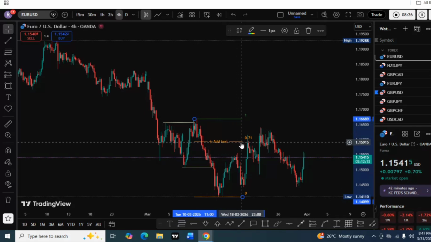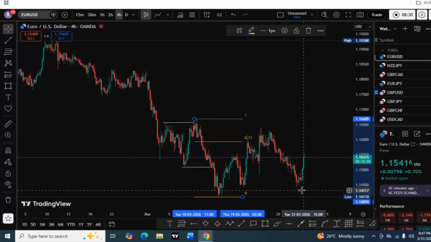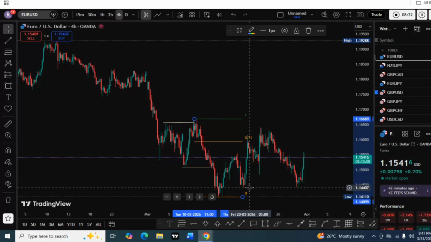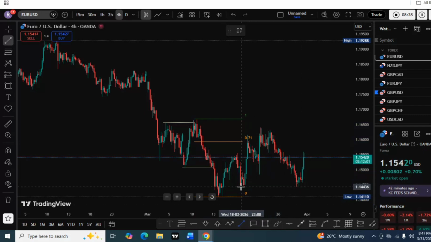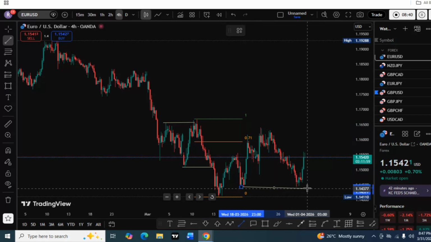As you can see here, the market clearly breaks structure right there, and then we put our sell limit at 71%, stop loss at 100%, take profit at 0%.